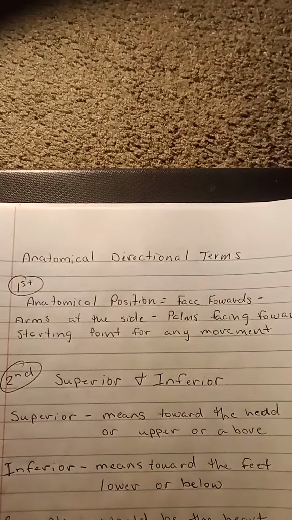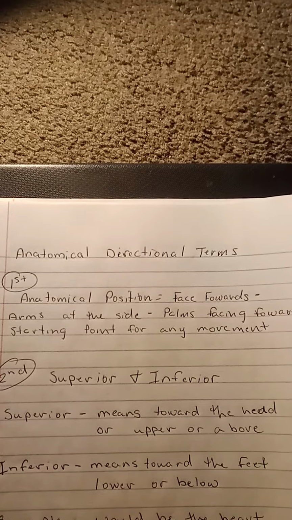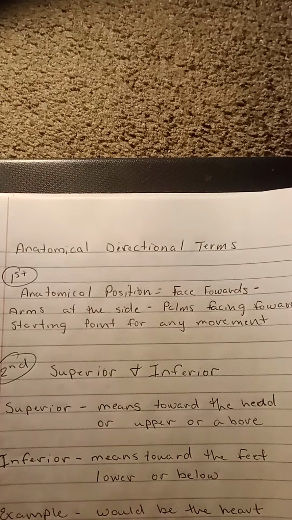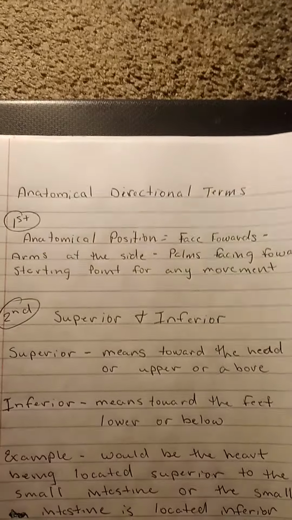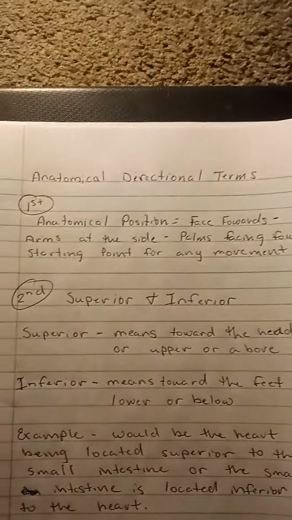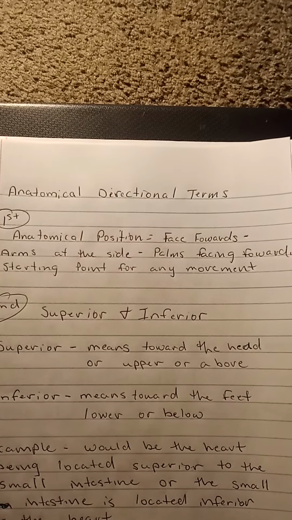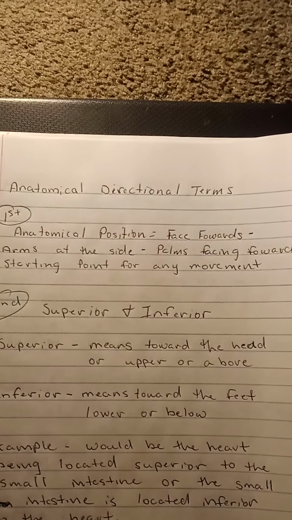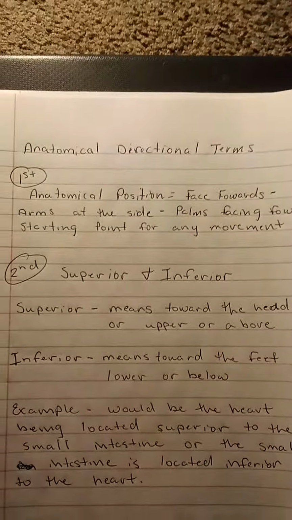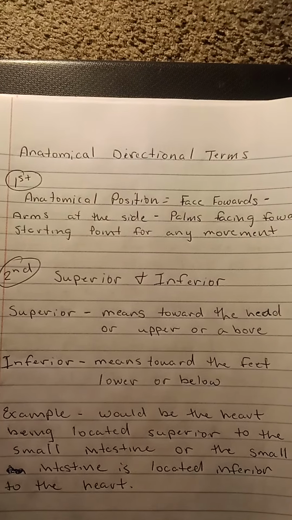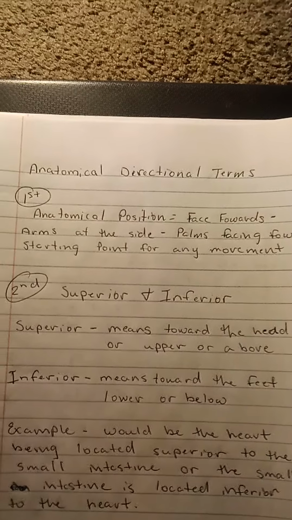With directional terms, the first two terms are superior and inferior. The term superior means toward the head or upper or above, and inferior means toward the feet, lower or below.